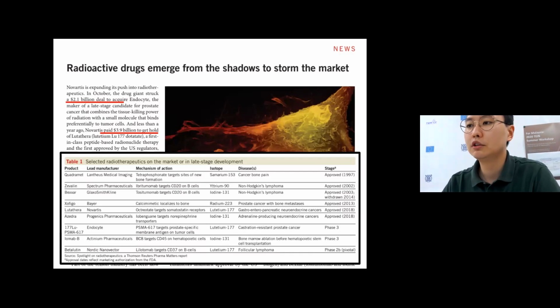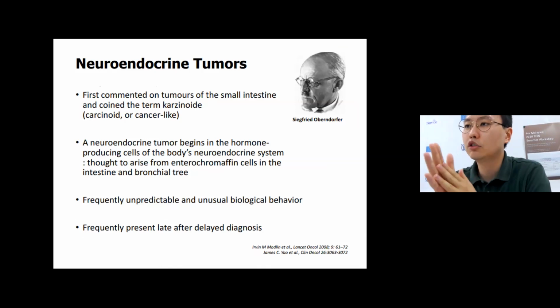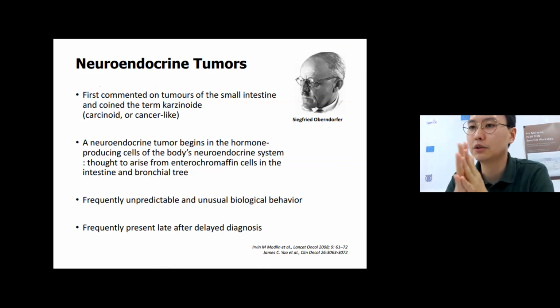So I would like to start with 3 different kinds of radiotheranostic agents which are used. First will be the neuroendocrine tumors. It was first commented on as tumors of the small intestine and coined the term carcinoid.